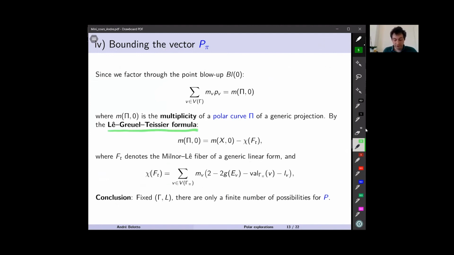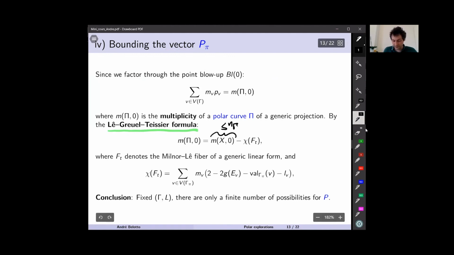Since we factor through the point blowing up, we know that the polar multiplicity is going to be equal to the sum of MV PV. So in this case, by the Lê–Teissier formula, the polar multiplicity is just the usual multiplicity minus the Euler characteristic of the Milnor fiber of a generic linear form.